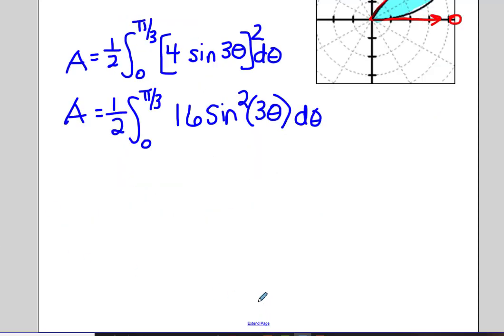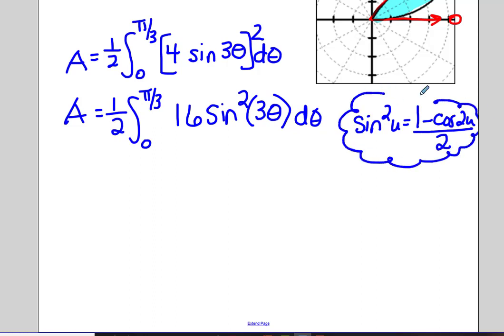So again, we want to use those trig identities. We know that sine squared of u is (1 minus cosine 2u) divided by 2.